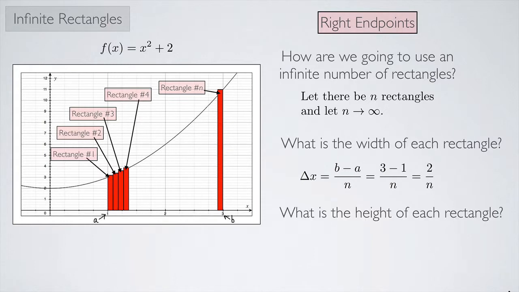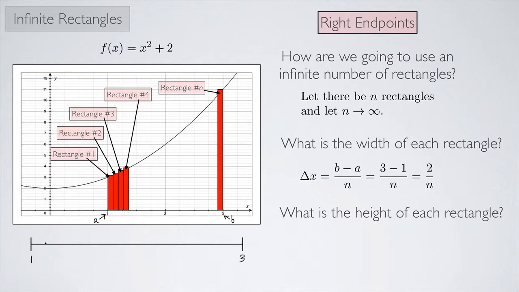Now what about the height of each rectangle? Well, imagine I look at this x-axis from 1 up to 3. So if I call this 1 right here and I call this 3 up here, I'm looking at this portion of the x-axis right here. And when I do that, remember that I have n rectangles.